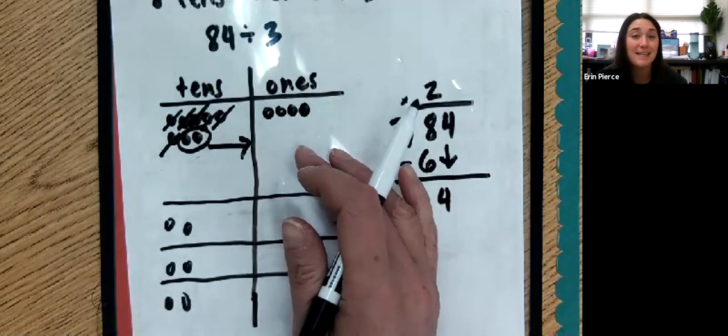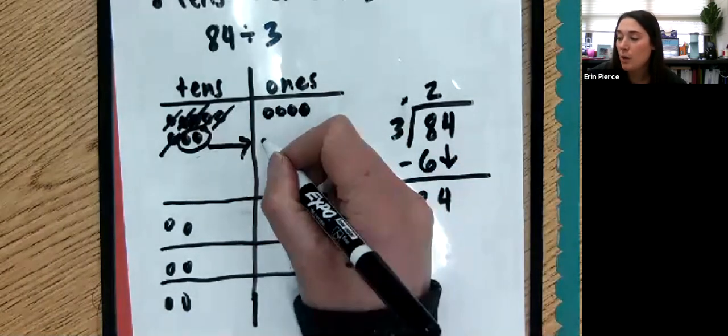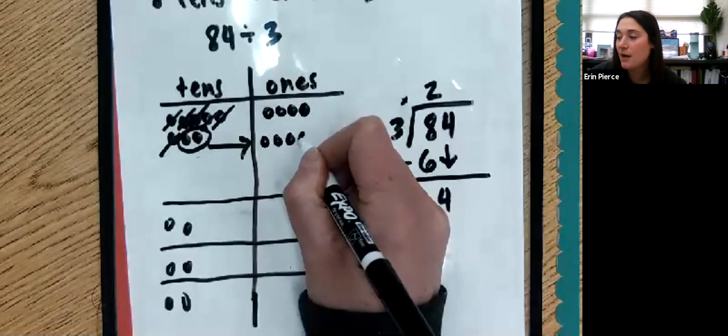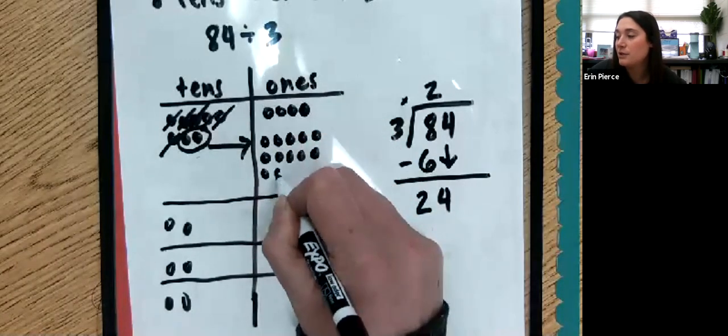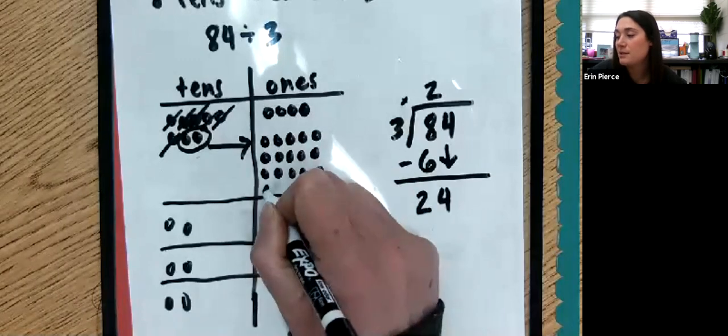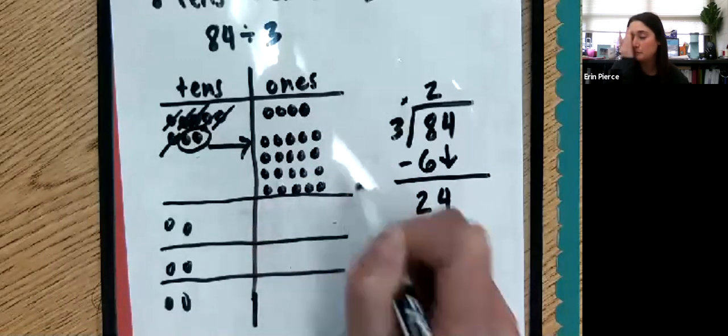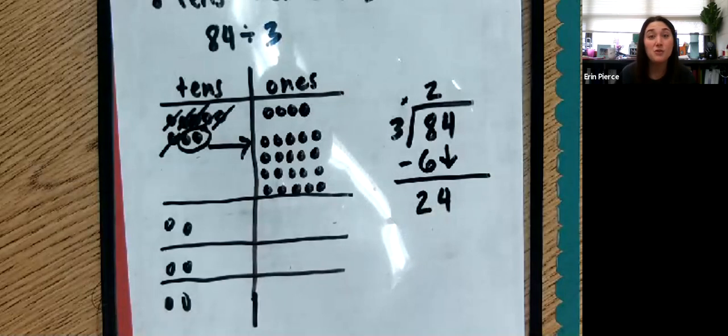So I have 20 additional ones. 1, 2, 3, 4, 5, 6, 7, 8, 9, 10, 11, 12, 13, 14, 15, 16, 17, 18, 19, 20. I have 24 ones in my ones place that I am going to be equally distributing to my columns.